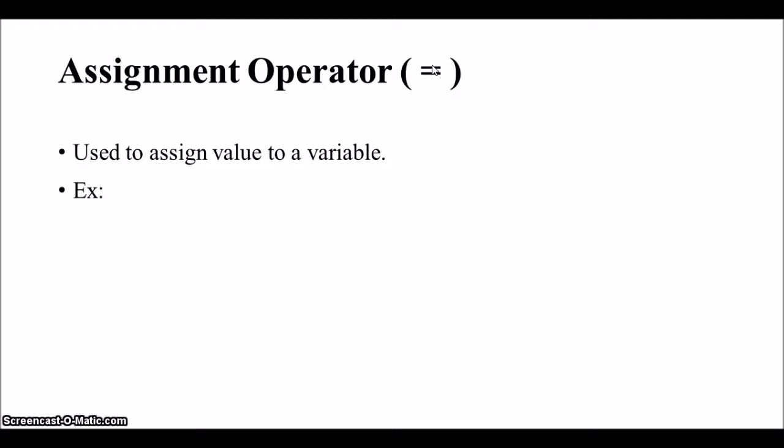The assignment operator has two parts, the LHS and the RHS. The value on the RHS side will be assigned to the variable on the LHS side. Whatever is the value on the right hand side of the assignment operator will be assigned to the variable on the left hand side.